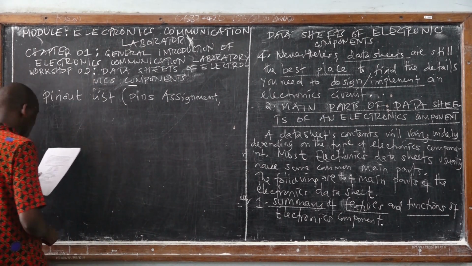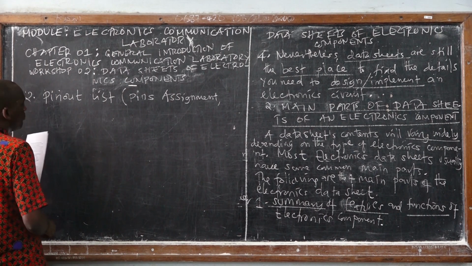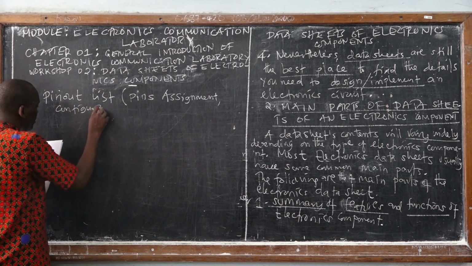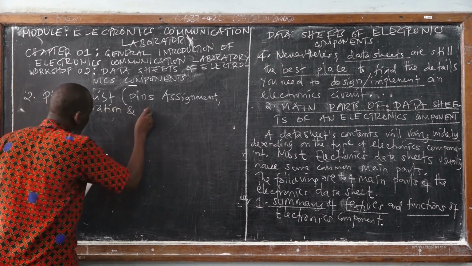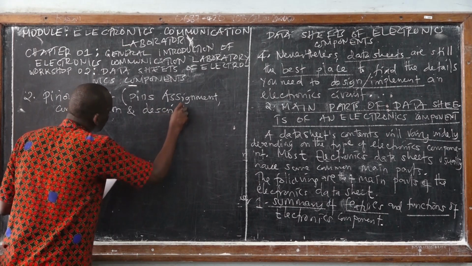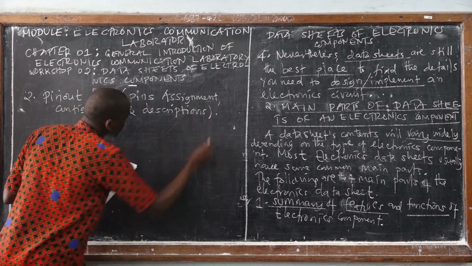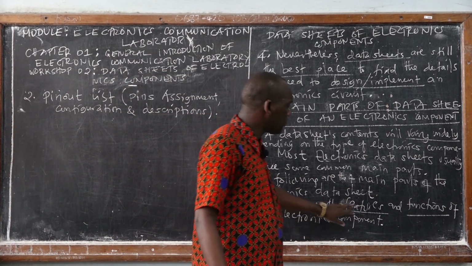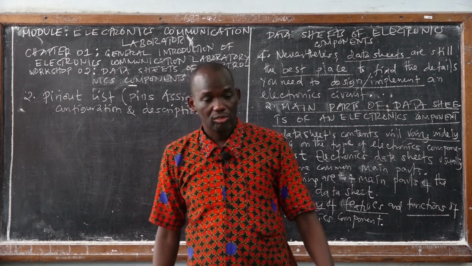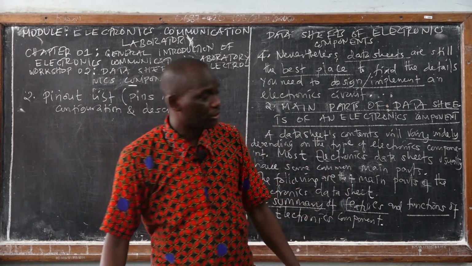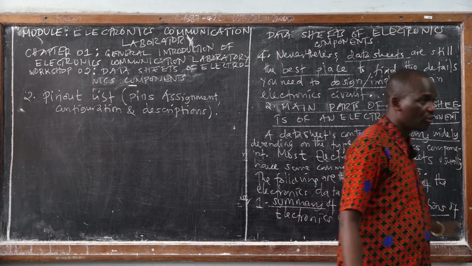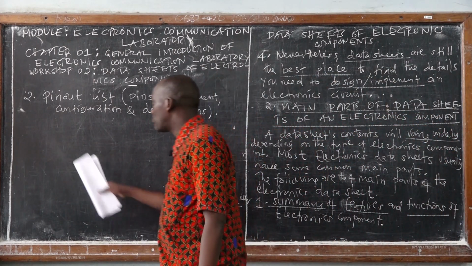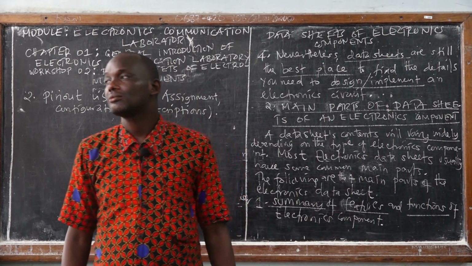Pins assignment, or pins configuration, and the pins description. This is the second part. So in the first part, we learn features of, let's say, a diode, and also its function. In the second part, we'll be learning about the pin out list. Say pin out list. Pin out list.